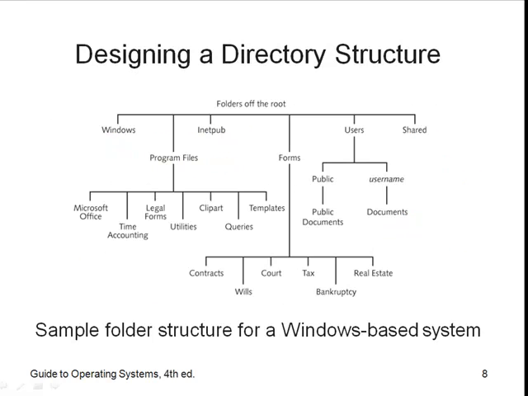Here's an example of a directory structure. As you can see, we have a limited number of folders that are off the root. This is a typical Windows directory structure. We have Windows, Program Files, inetpub, forms. We have all kinds of forms subcategorized in the forms folder. Users, same thing. The users folder is generally the home folder, right, folks?